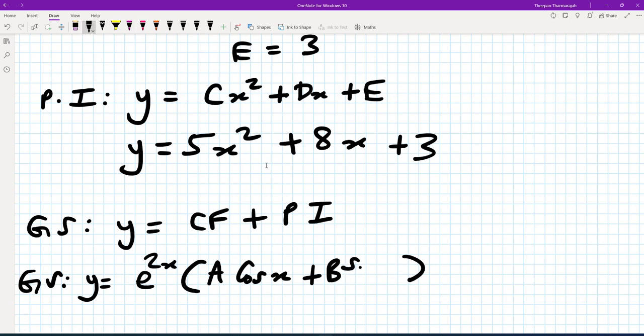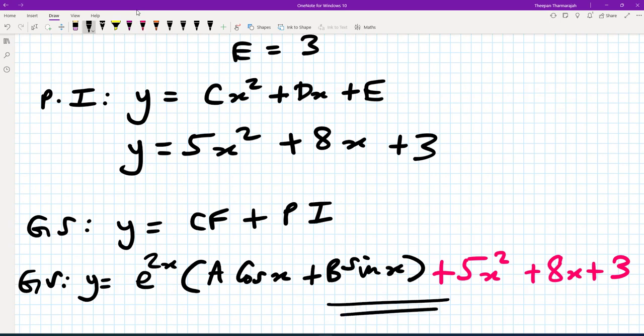And I'm going to do the particular integral in pink, just for clarity. So plus 5x squared plus 8x plus 3, which is our general solution.